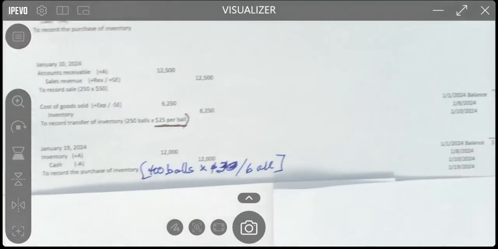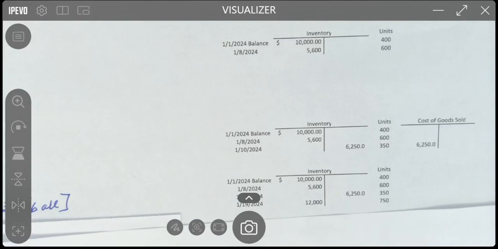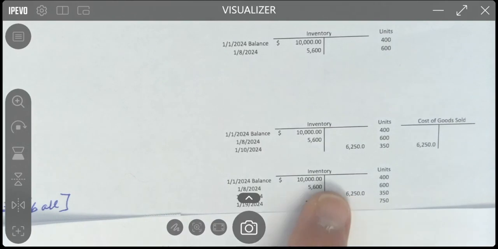So now within our ledger system, our general ledger accounts look like this. Cost of goods sold didn't change as a result of that transaction, but we do have another debit when we posted that journal entry we just saw to the inventory account.